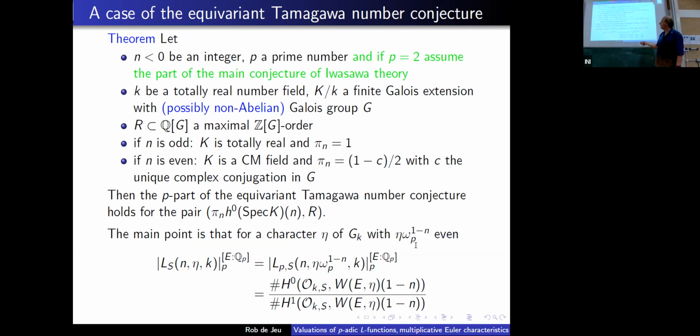Normally this would involve regulators, classical regulators and p-adic regulators for the K-group, but there's no K-group involved in this case, so this is trivial. Essentially this boils down to Coates and Lichtenbaum.